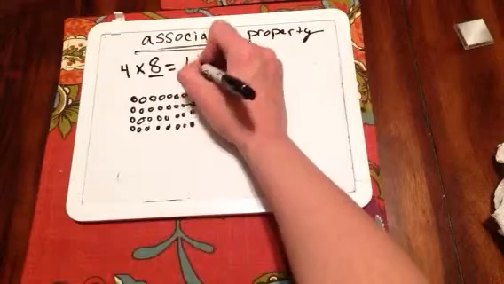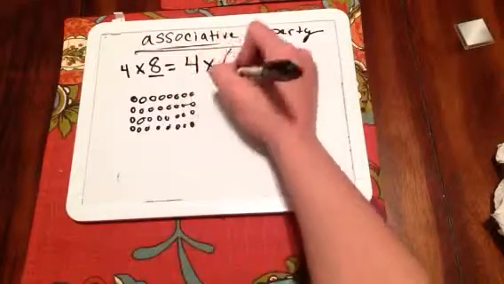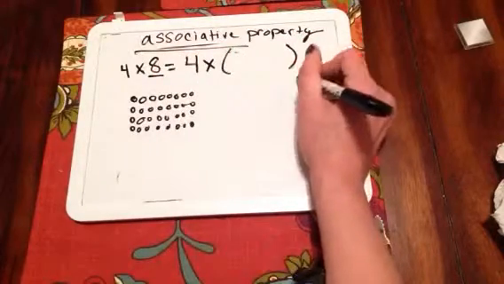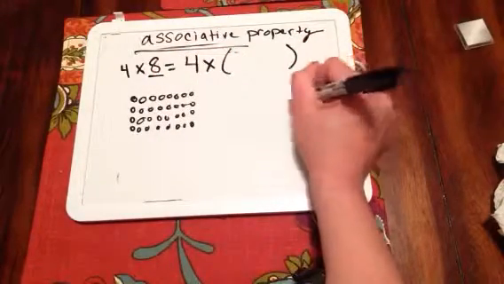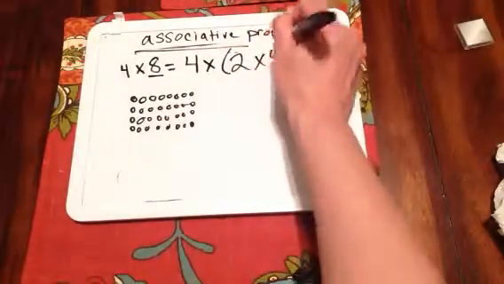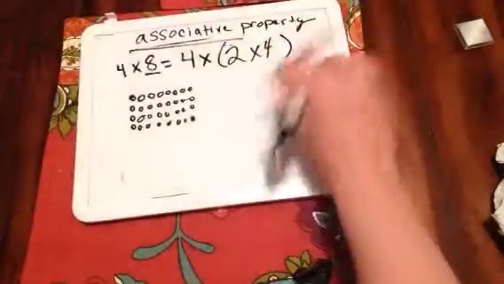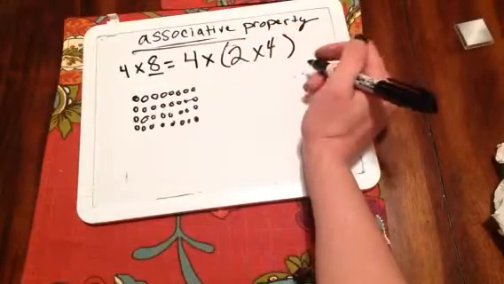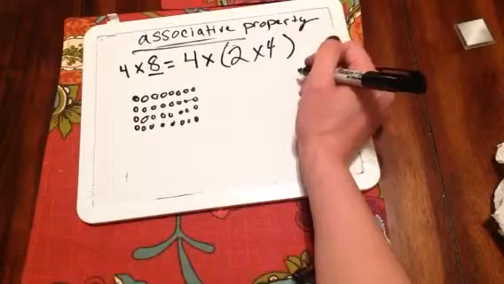Well, we're going to keep that 4 times, and we're going to get 2 numbers that equal 8. We have 1 times 8, that's not going to work, and 2 times 4. That's it, you guys. So let's try 2 times 4. Then, of course, we're going to have to rewrite it so that it's easier for us. Well, this is not that easy, right?